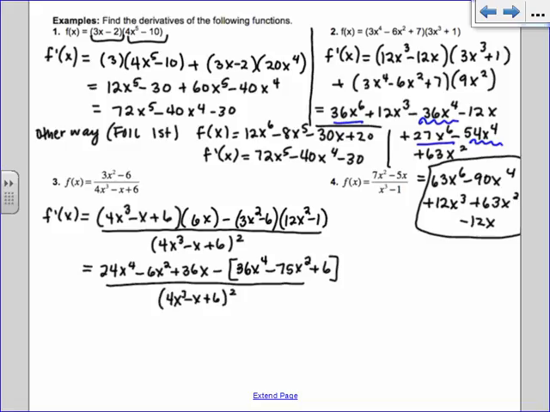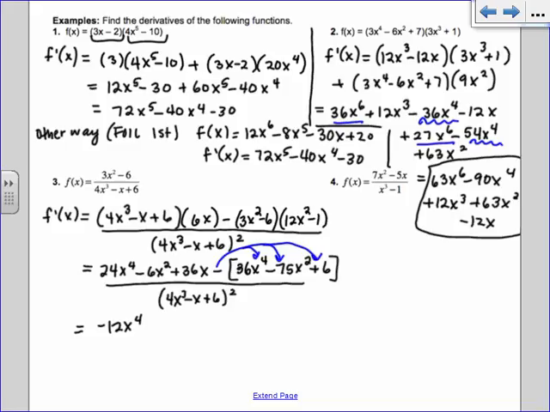All right, so as I'm combining, I have 24x to the 4th, and I end up distributing the negative, right? So I get 24 minus 36, so I get negative 12x to the 4th.